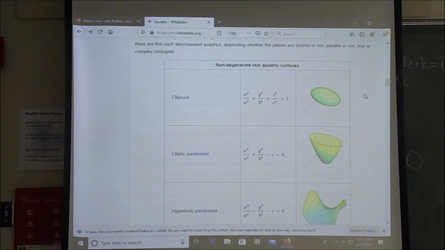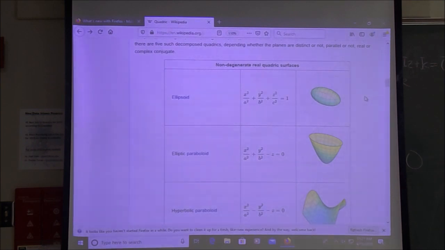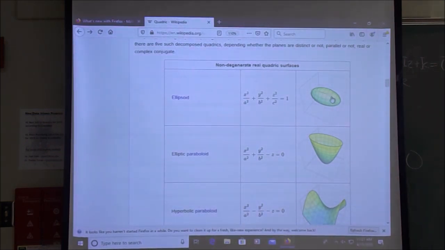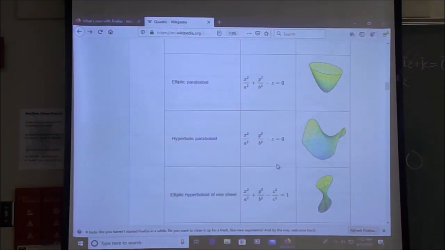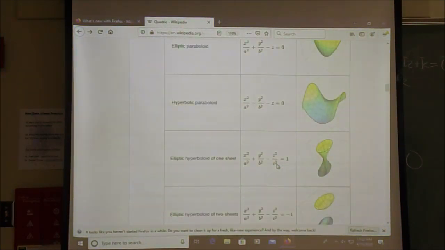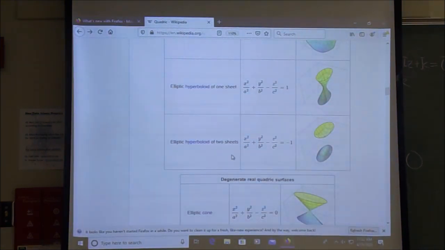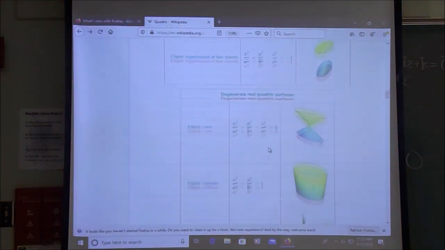There we go. I was trying to get my page back here. Here's the Wikipedia page showing the same thing. There's the ellipsoid with the same equation. Here's the elliptic paraboloid, hyperbolic paraboloid, hyperboloid of one sheet. I'll call it an elliptic hyperboloid of one sheet. So the names are just about the same. Here's the elliptic hyperboloid of 2 sheets.